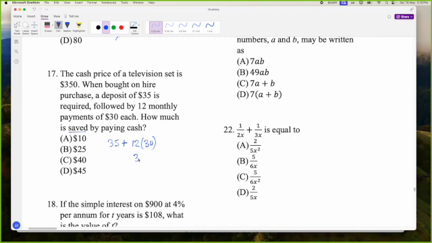So that is 360 plus 35, which is 395. We got this exact question in the last paper, if anybody remembers. So you could see here that minus 350, you'll save $45 if you buy it cash.